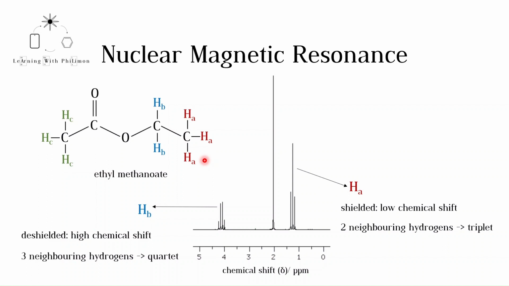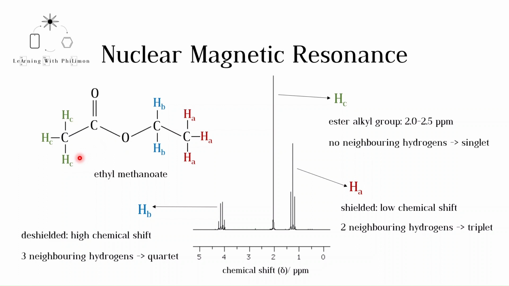The signal for the B hydrogens is a quartet, 1, 2, 3, 4. The signal for the hydrogen atoms of the alkyl group of an ester usually appears between 2 and 2.5 ppm. The neighboring carbon atom is not bonded to any hydrogen atoms. Note that whenever checking for neighboring hydrogen atoms, we should never look beyond 1 neighboring carbon atom. The signal for hydrogen C is a singlet.